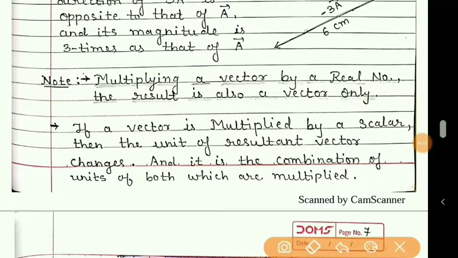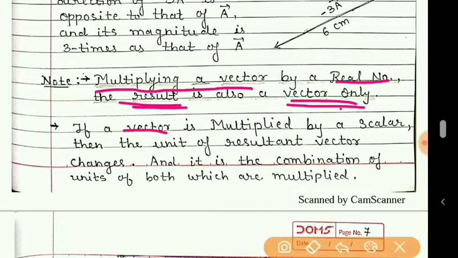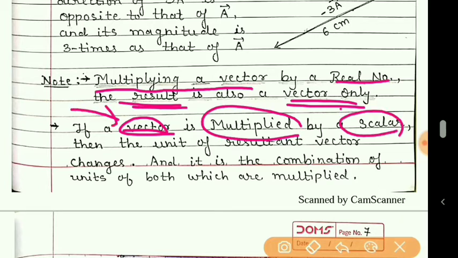So we have to remember that multiplying any vector by a real number, the result is also a vector. Now if a vector is multiplied by a scalar, when I say a vector, it means a vector quantity, and when I say a scalar, it means a scalar quantity.